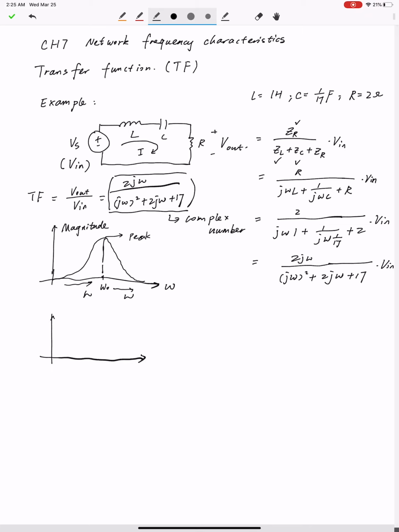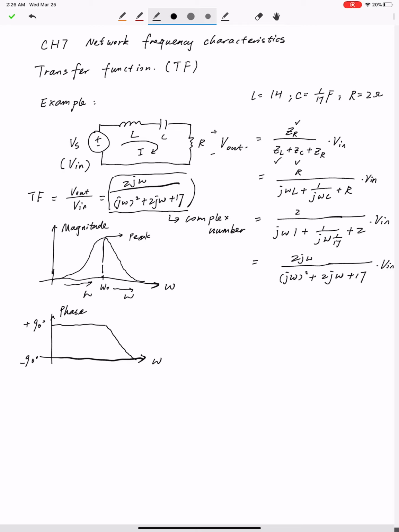Another one is the phase angle plot, because a complex number contains two elements: one is magnitude, the other is phase angle. If you plot the phase angle, the plot looks like this. It starts at 90 degrees and ends at minus 90 degrees.